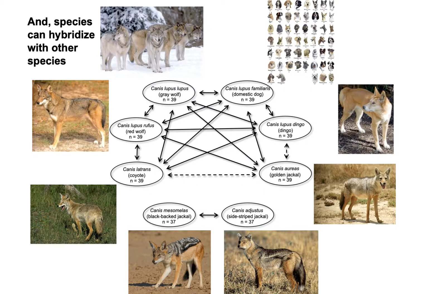And even within the genus Canis, so here's gray wolves, red wolves, domestic dog over here, dingoes, etc., coyotes down here. There's a lot of variation within each one of those species.